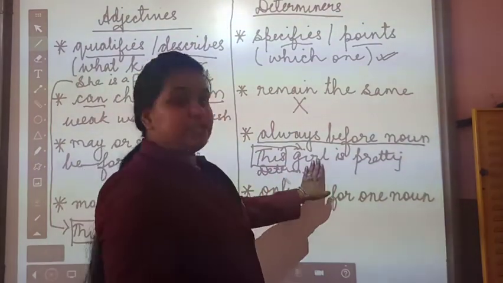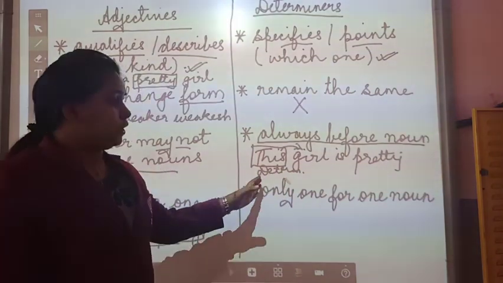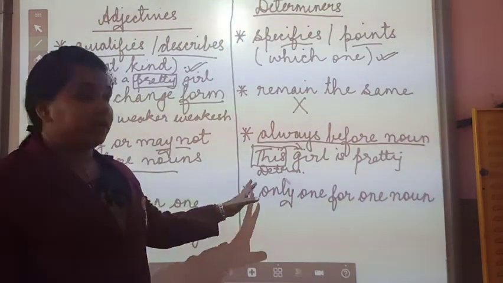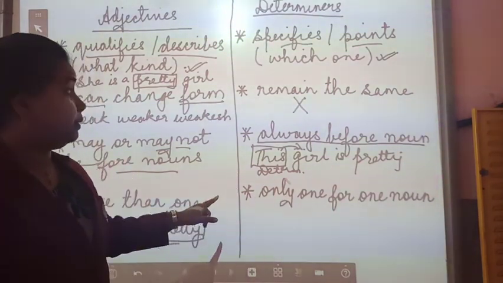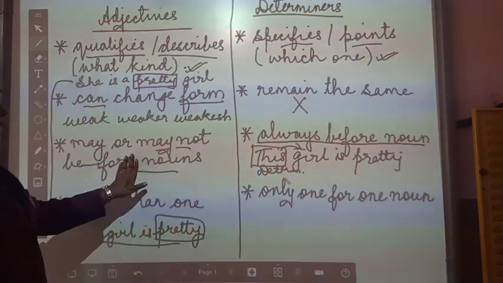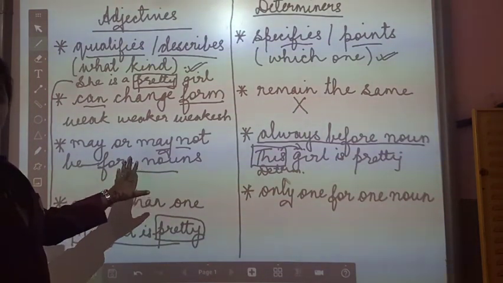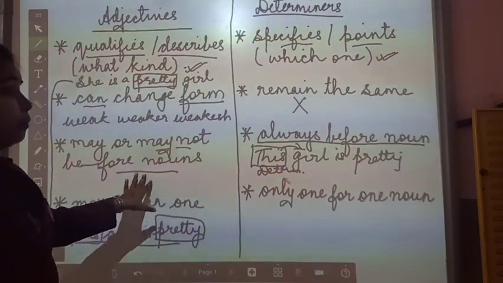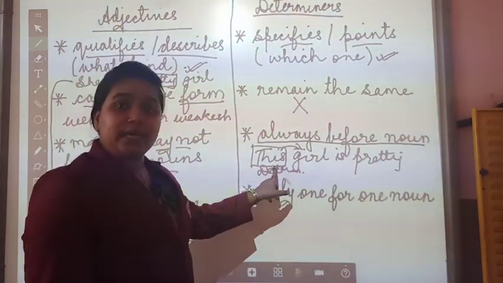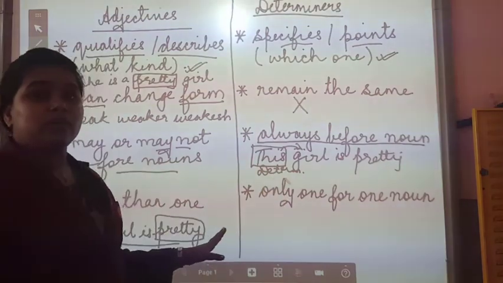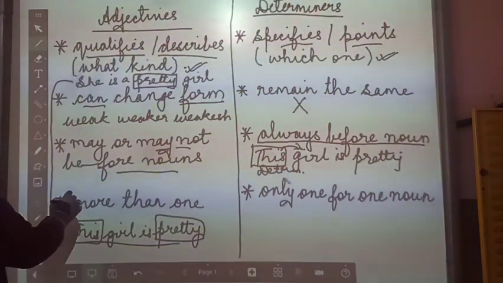Okay, and it is placed just before the noun. So this is what my determiner is. Third difference between adjective and determiner: an adjective may or may not be before the noun, it can be after the noun, complementing the noun, but determiners are always placed preceding the noun, just before the noun.